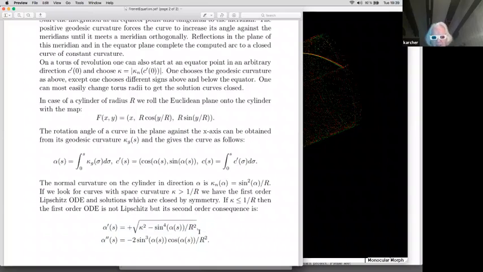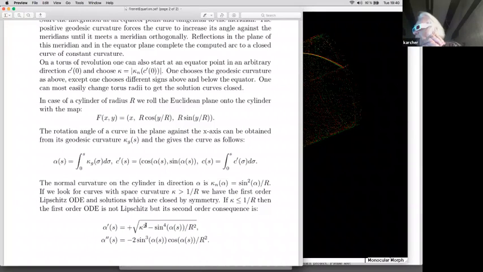And again, it is Lipschitz if kappa is large enough, and it is not Lipschitz if kappa gets too small. But then something similar as with the sine function happens. The first order differential equation for the sine function is sine prime equals square root of 1 minus sine squared. And that is not Lipschitz when the sine is 1.